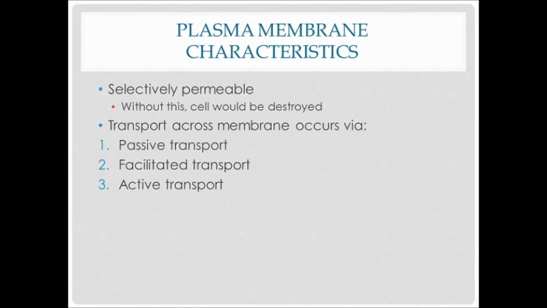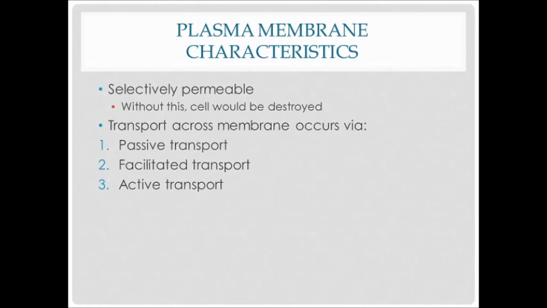So we've said in the past that plasma membranes are selectively permeable. The cell could be destroyed without this because it allows for certain nutrients to come in, waste to be excreted, and if just an unlimited amount of substances or ions were allowed to pass through, the cell would not be able to function. So transport across the membrane occurs via 3 different processes: passive transport, facilitated transport, and active transport.